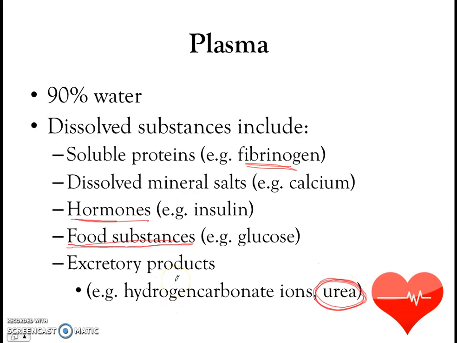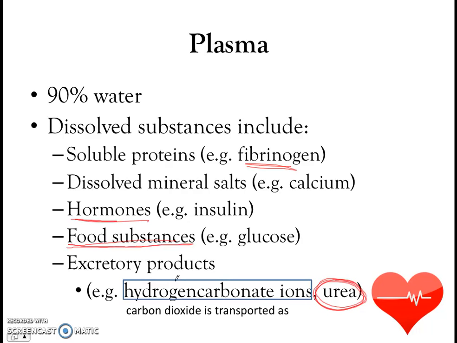And finally, this is very important, hydrogen carbonate ions. And we'll see in the coming chapters, in the coming lectures, that this is actually how carbon dioxide is transported. Okay, carbon dioxide is actually transported as hydrogen carbonate ions in the plasma. Okay, so carbon dioxide goes into the blood, changes into hydrogen carbonate ions, and is transported in the plasma.